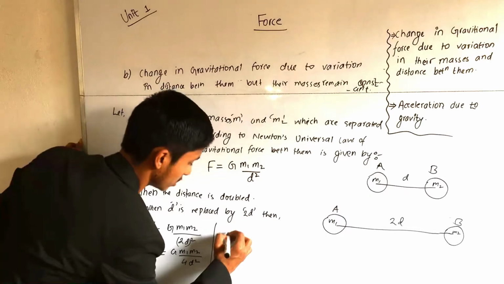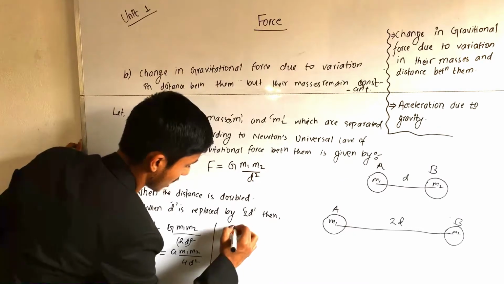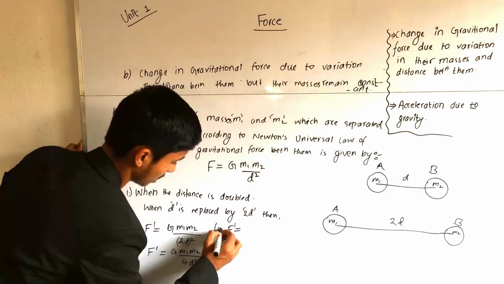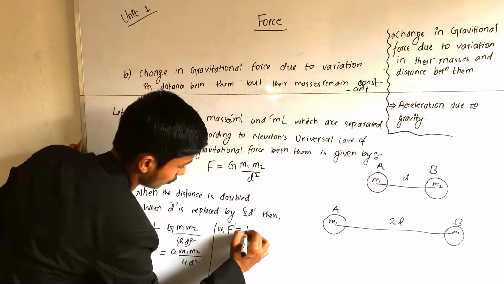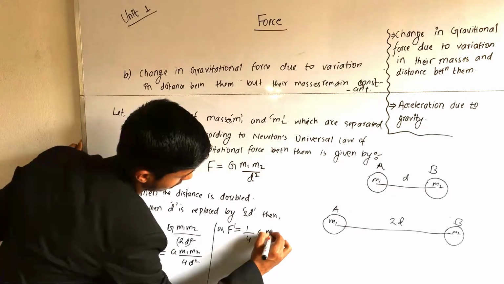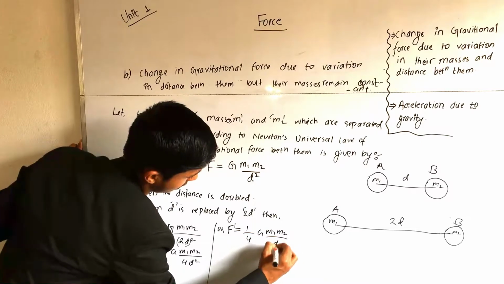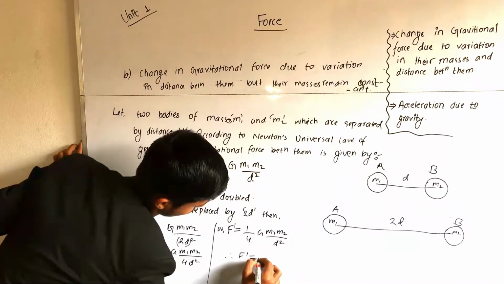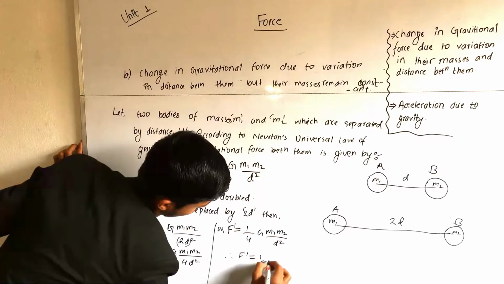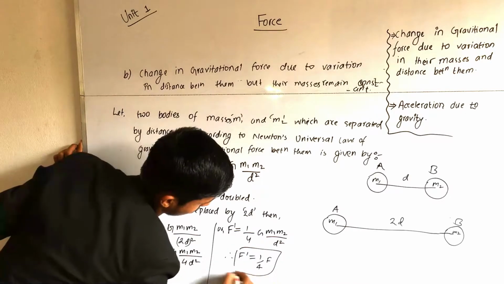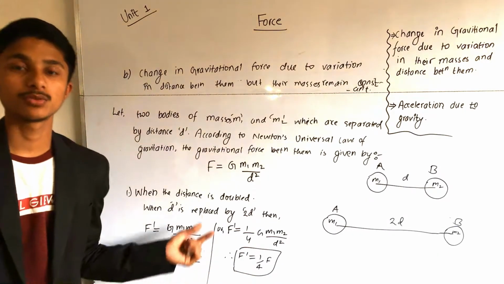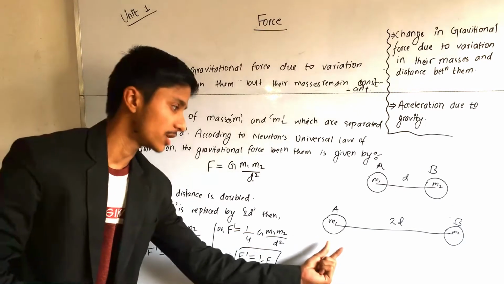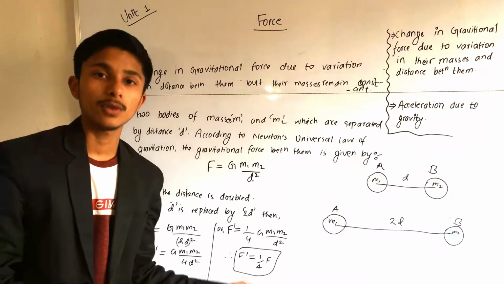And here we can write F' is equal to 1 by 4 G m1 m2 by d square, which is F' is equal to 1 by 4 of F. That is, when the distance between them is doubled, then the gravitational force between such bodies is decreased by 4 times.